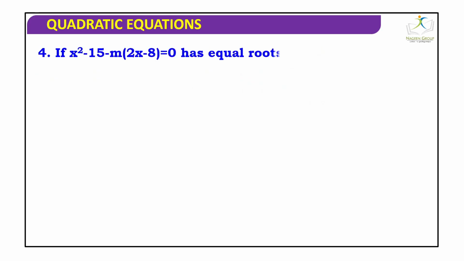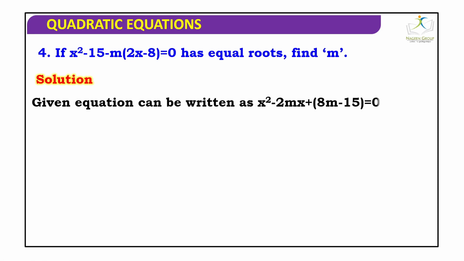Now question number 4, that is, if x² − (15 − m)(2x − 8) = 0 has equal roots, find the value of m. From here, how to do it? The equation we first write in standard form. So first we write x², then multiply: x² − 15 − 2mx + 8m = 0.